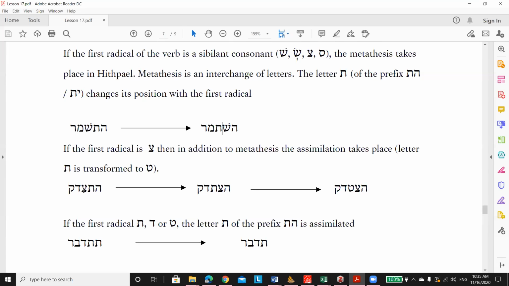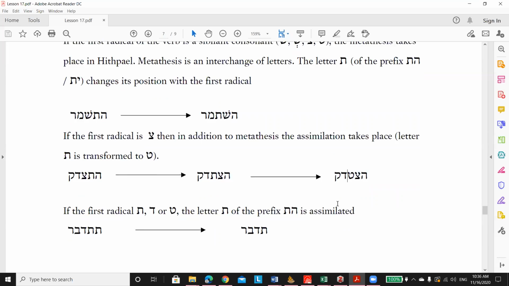So hit tzadek is the form, and after that they change the consonants, his tzadek, and because these two sound the same, they change it to taf. Do you see? It could be very, very confusing to understand that this is the root tzadak. But this phenomenon is not very frequent, only a few words do this.